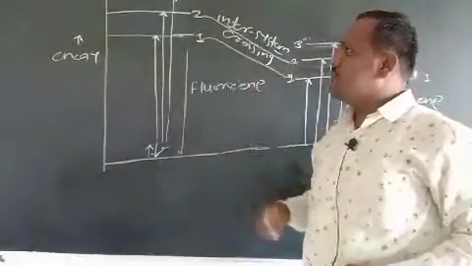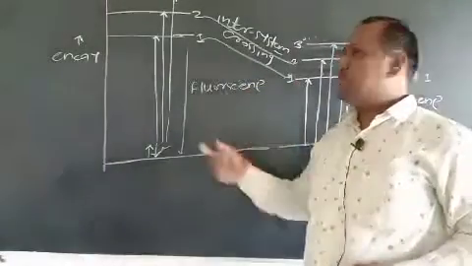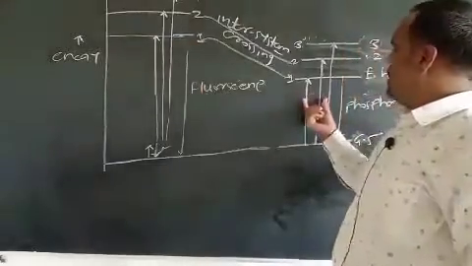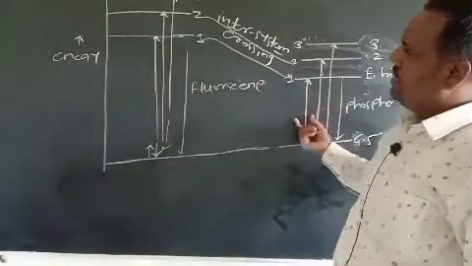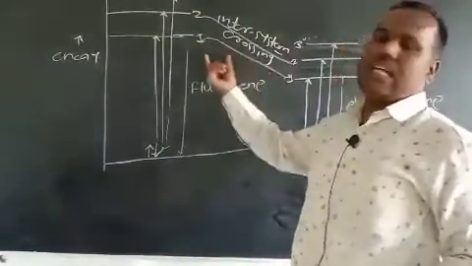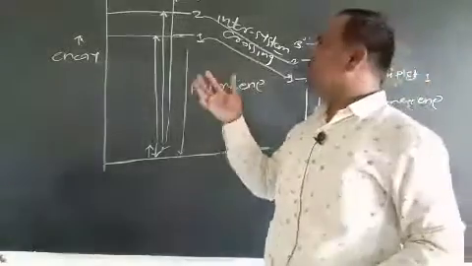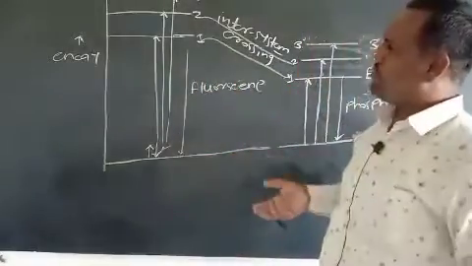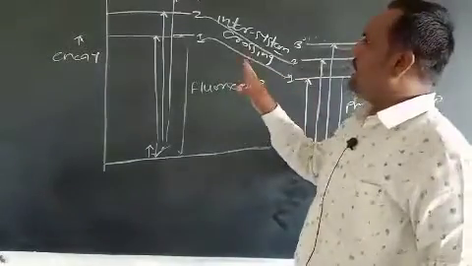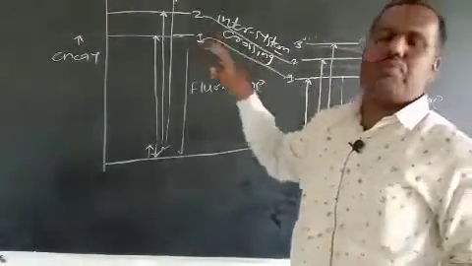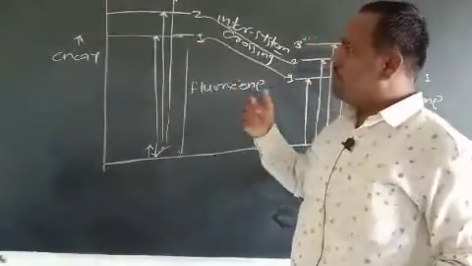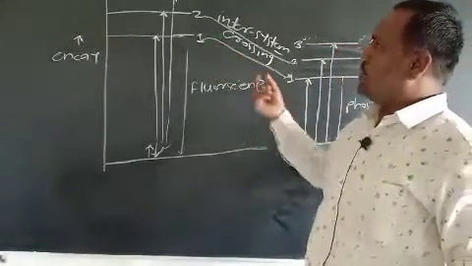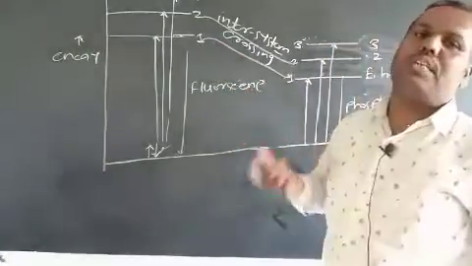This inter-system crossing is spin forbidden because the spin multiplicity in this case is 1, and in this case, the spin multiplicity is 3. So this transformation is not spin allowed, it is spin forbidden, but in many cases this is also a process for deactivation.